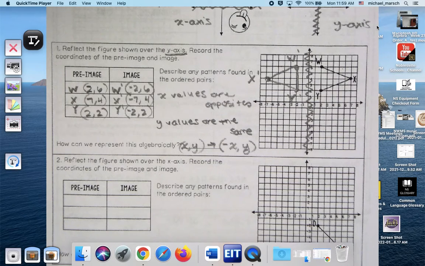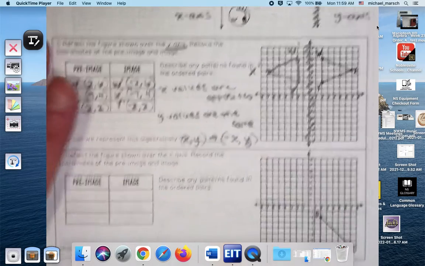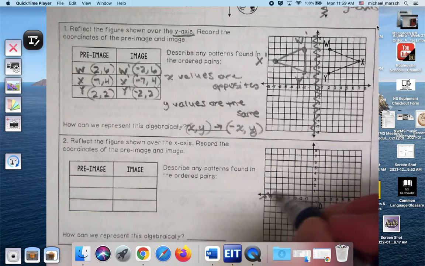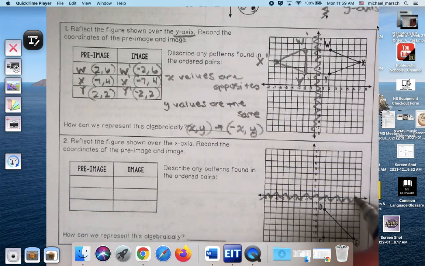What do you think will happen when we flip over the x-axis? X stays the same, y is the opposite, right? That's exactly what we do down here for example 2. I'm going to draw my line of reflection here.